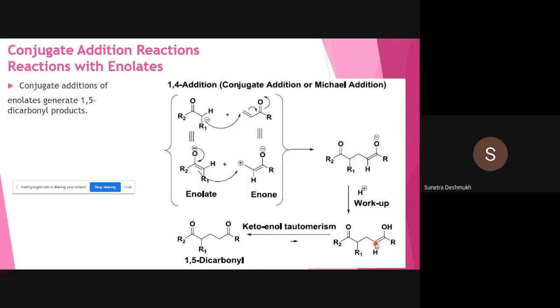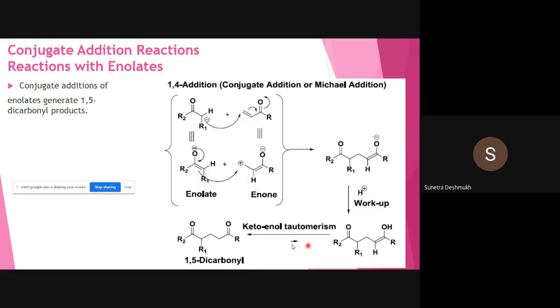get this enol form. Again we get a 1,5-dicarbonyl compound, but that one also we can represent in the form of the enol. Here is the tautomer, but pay attention to the arrow. Mostly the keto form is predominantly present. The arrow to the enol form is very small, so you find only a small amount of enol form in your reaction mixture.